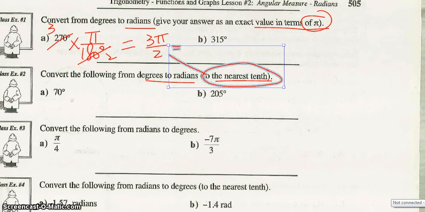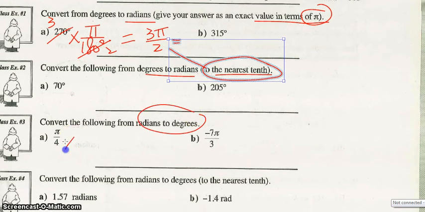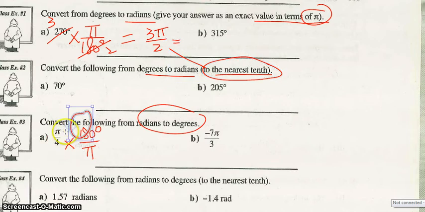Okay, and you can convert it back to degree by multiplying with pi on the bottom, 180 degree on top. So for a question like this, converting from radian to degree, you can have a radian that has a pi, so the pi and pi cancel out. So 180 divided by 4, so that's 45 degree.